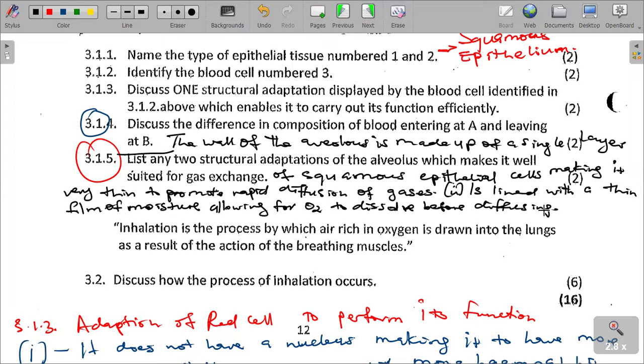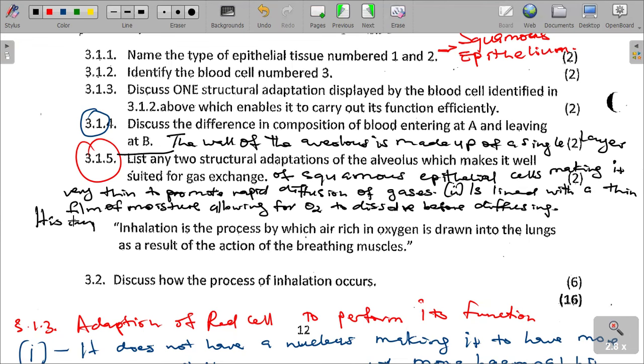And then the last one is that the alveolus is also cup-shaped. That increases the surface area for gaseous exchange. The last one is what?